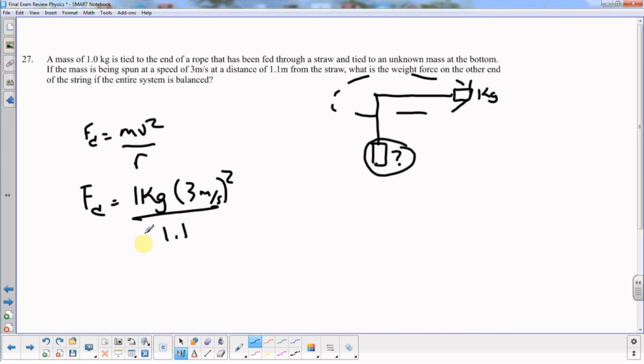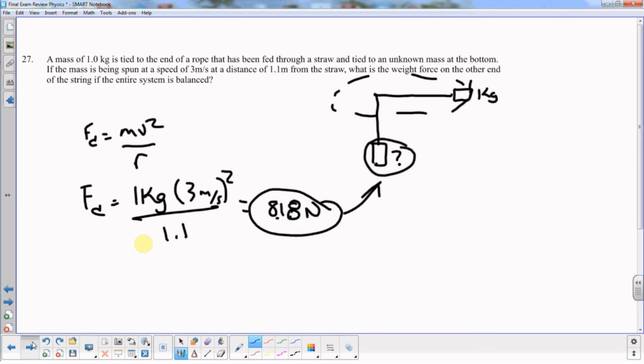This is probably the easiest question on the entire thing. Just plug and chug. 1 times 3 squared divided by 1.1. 8.18 newtons. So the unknown mass has a weight of 8.18 newtons.